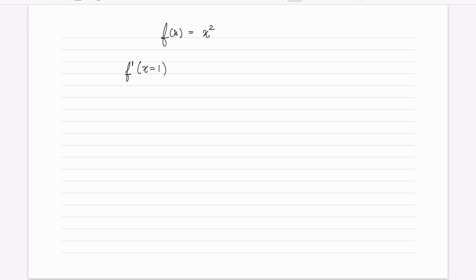It's very simple to evaluate that. If we take the first derivative, it becomes 2x, and the right true value is simply 2. So now let's try to understand how we can use these different kinds of schemes. Let's say this is my x equals to 1, and we can consider h as 0.1, where h is nothing but delta x.